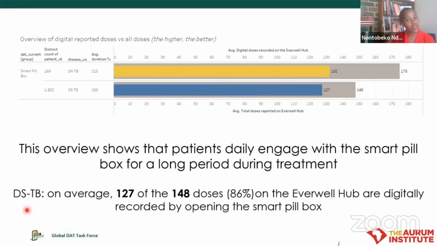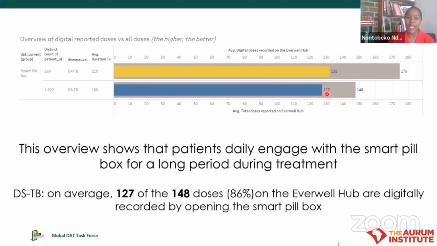Here is more data that we could actually pull out graphically from the platform itself, where it shows the patient side, where we knew that for the DRTB component, the patients are expected to engage with their digital adherence technology for at least 175 days. And for DSTB patients, we expected them to engage for 148 days. And we can see that on the DRTB, the average engagement was 132 days.